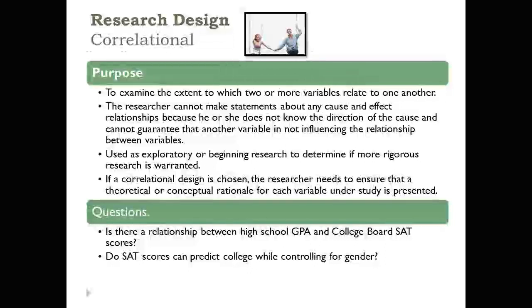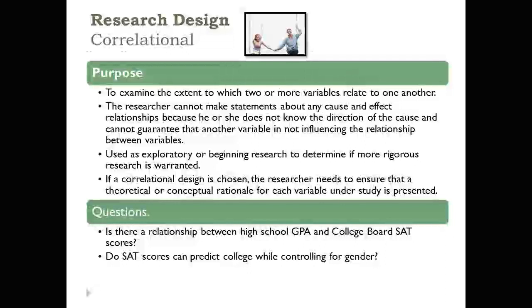We know that there's been a lot of research on high school GPA and SAT scores, performance in college, and we've seen that not only does high school GPA predict SAT scores, but also gender and ethnicity, and sometimes there's an interaction between gender and ethnicity and socioeconomic status and high school GPA and the results of an SAT score.